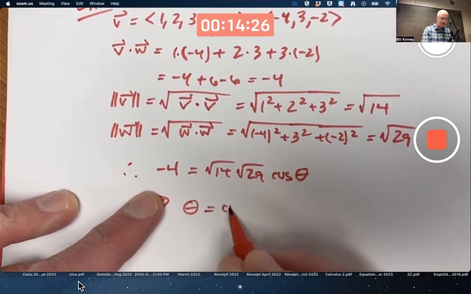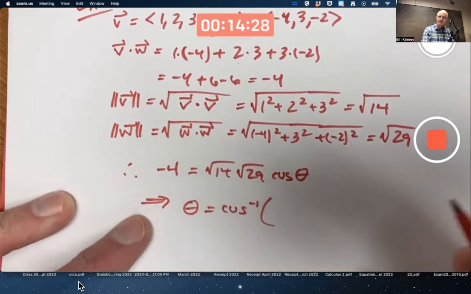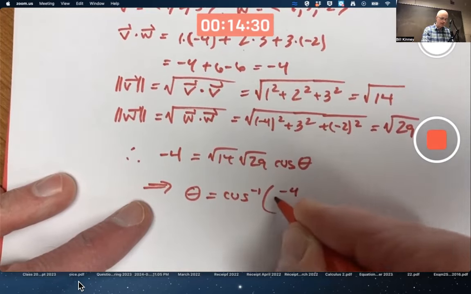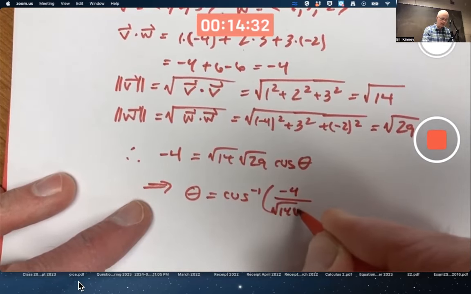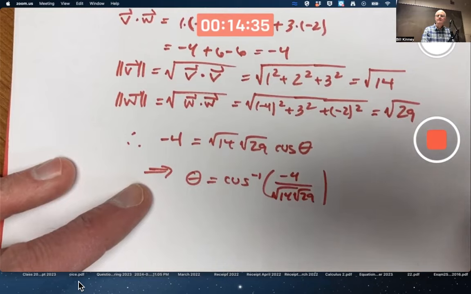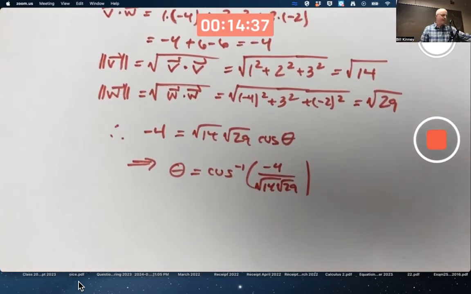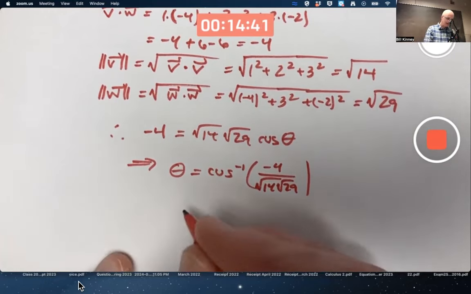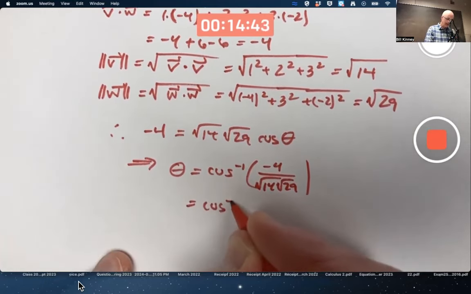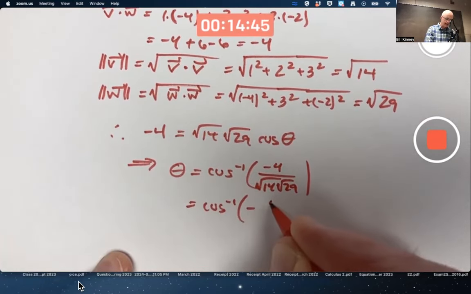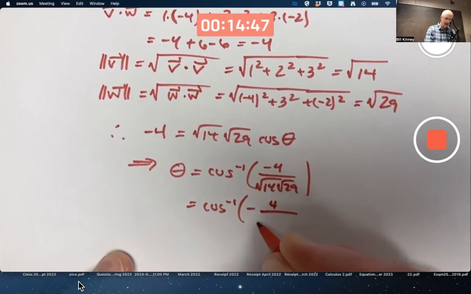The angle is the inverse cosine of -4 divided by square root of 14 times square root of 29. That's fine for an exact answer. If you like combining the square roots and putting the negative sign out in front like that, you can do that.